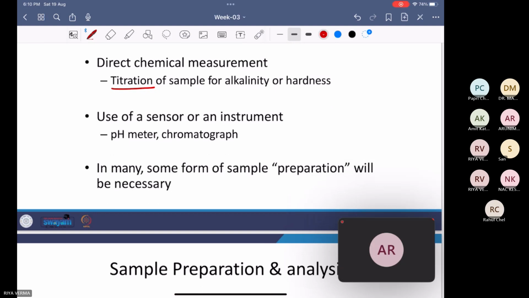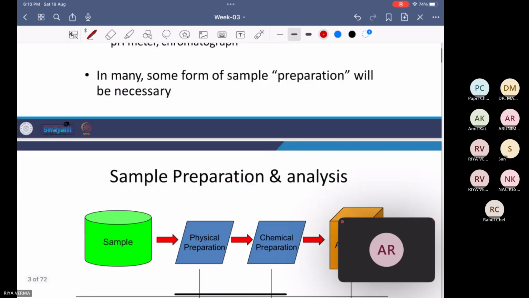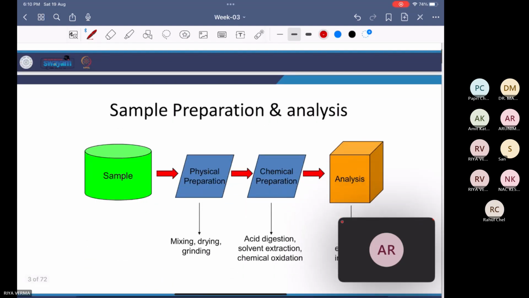For the chemical analysis procedures, in many of the processes, some form of sample preparation will be necessary. Basically, we need to prepare the sample in a certain manner, adding some chemicals into it before going for the detection of the compound, before finding out the concentration. The preparation of the sample involves certain processes.